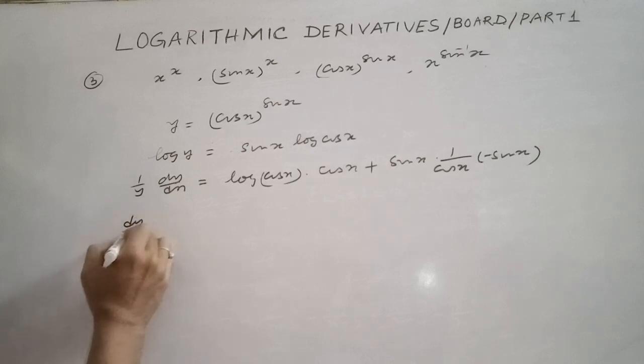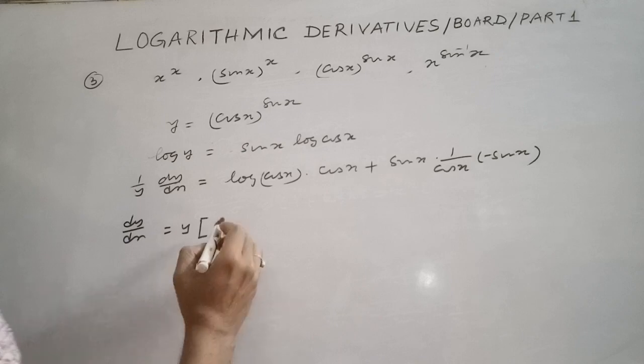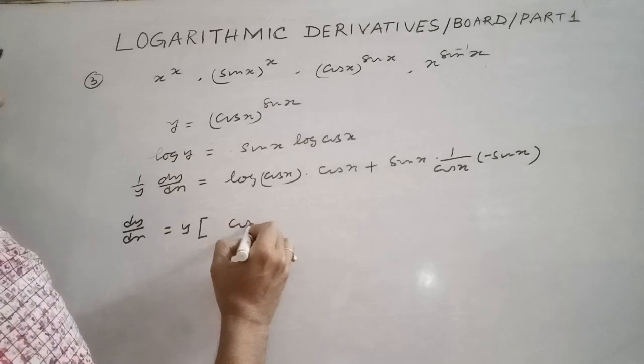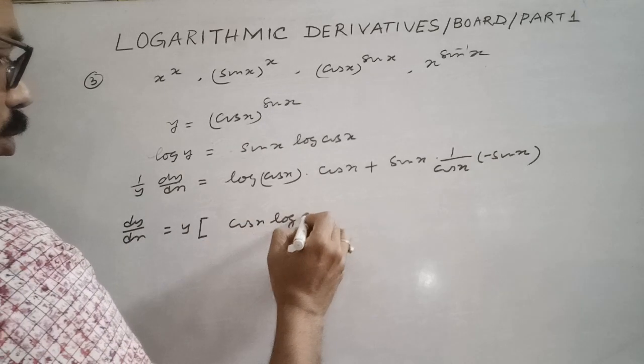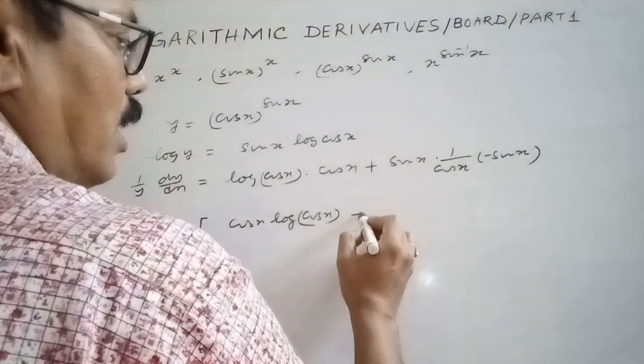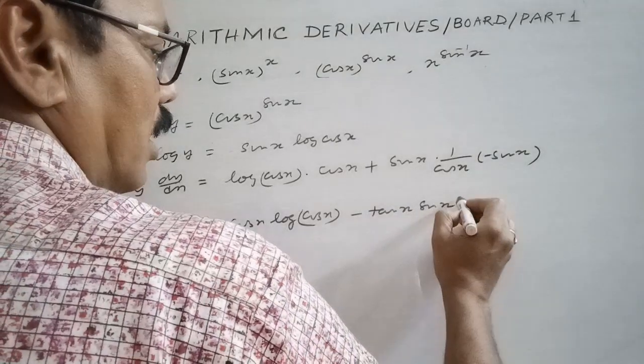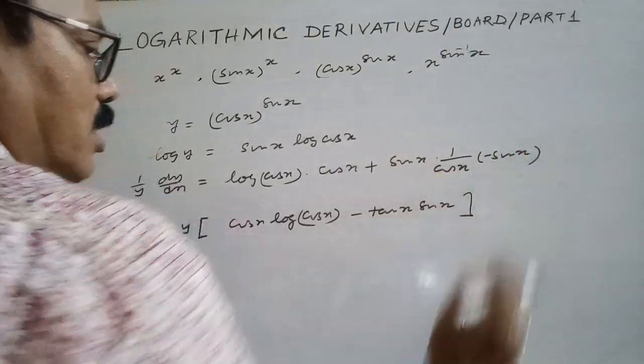So what is dy by dx? y multiplied by cos x into log cos x, obviously base e, and this is minus tan x into sin x, since sin by cos is tan x.